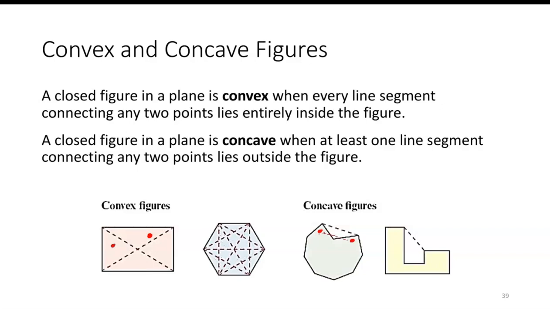There's a wall blocking us. So if you're having trouble understanding this definition, just think about that. Imagine that these are room designs and you and your friend, no matter where you go, you're within each other's line of eyesight. That's convex. If you can hide from each other, then that's concave.